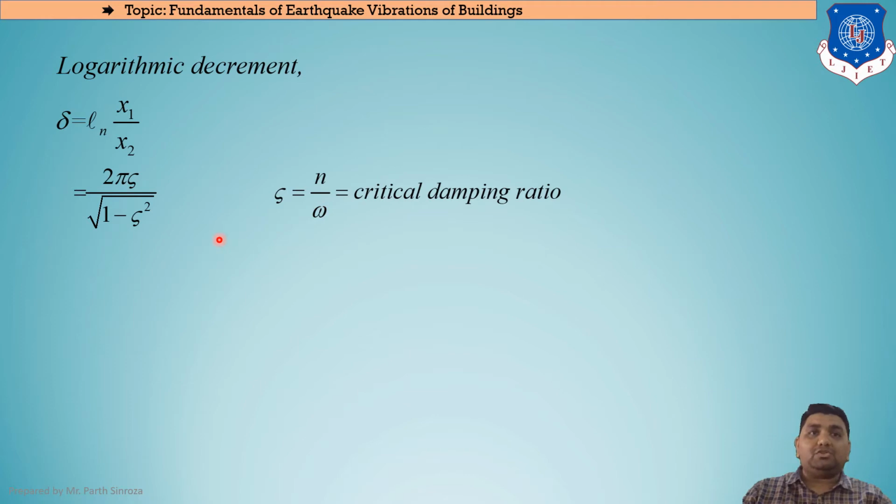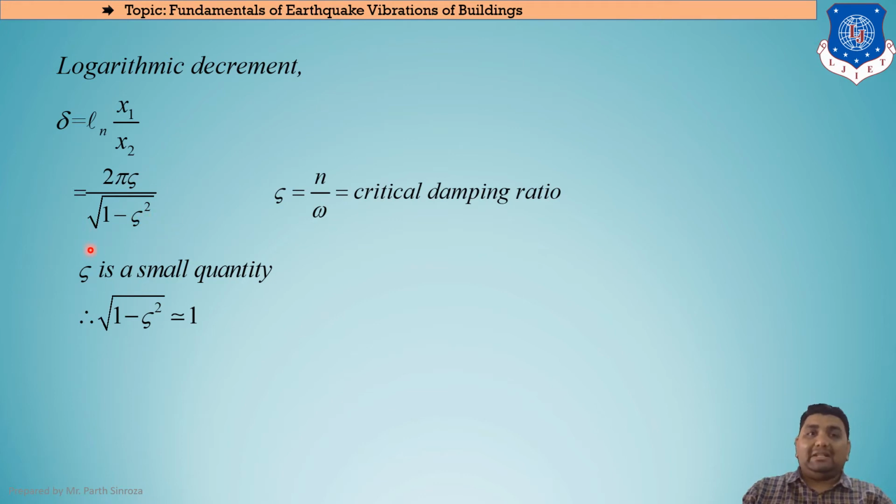Clear? So if we take zeta to be a very small quantity, then it is just a negligible value. So 1 minus some negligible value, that means under root of 1, and under root of 1 comes out to be 1.